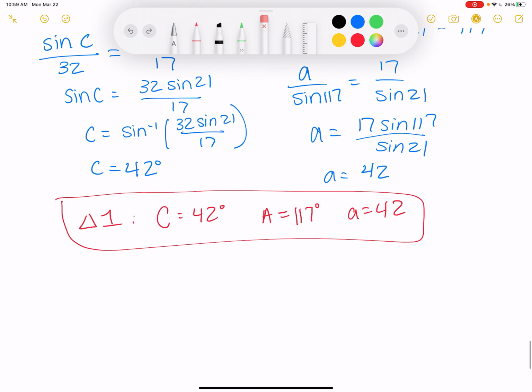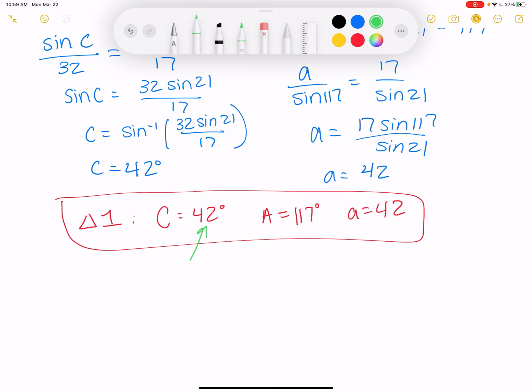Okay, now this part is where it gets kind of interesting. We know now that this is C. But for triangle 2, I need C to be obtuse, meaning you're going to go back to reference angles, but they're not hard.